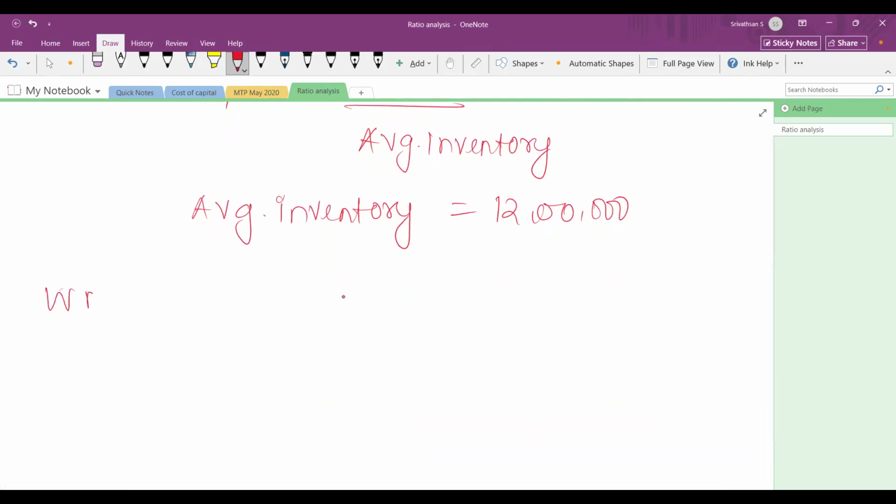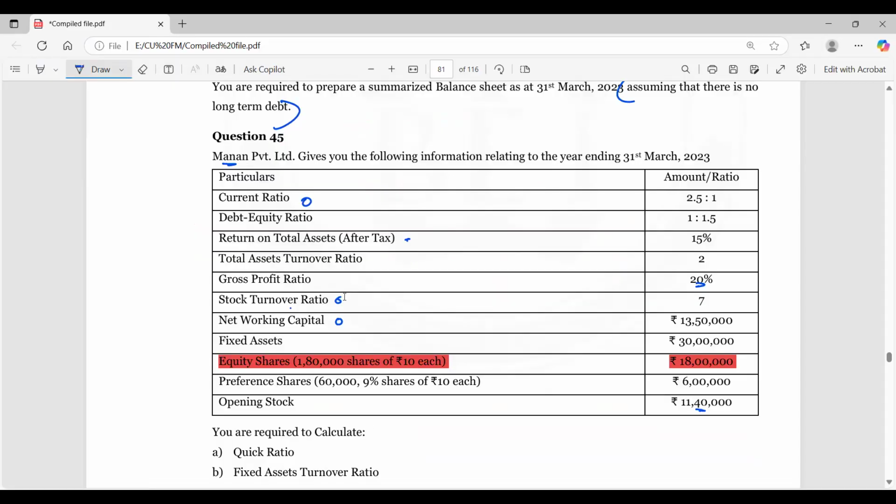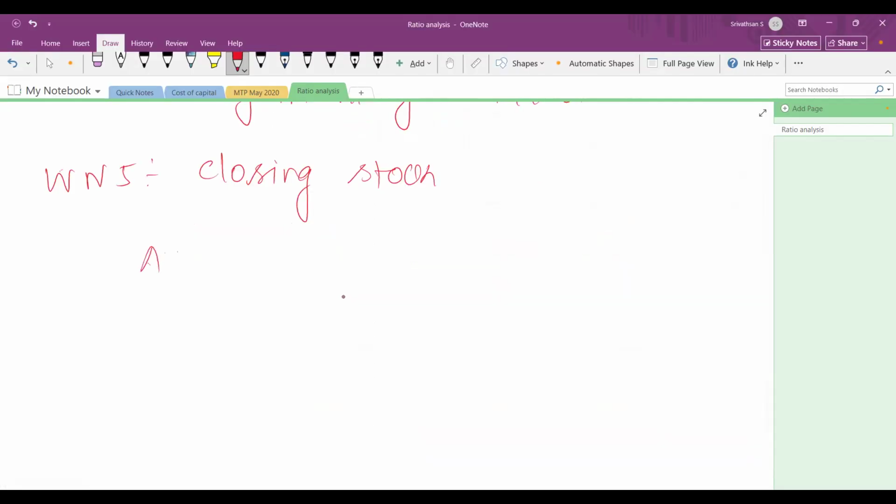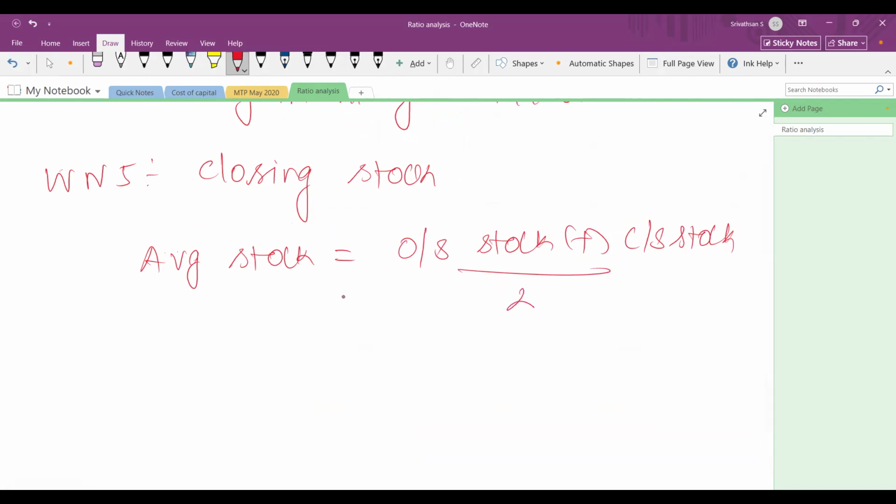So now working note number 5, calculation of closing stock. Average stock is equal to opening stock plus closing stock divided by 2.